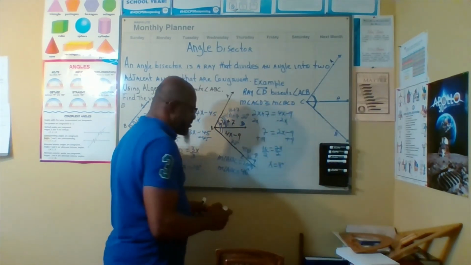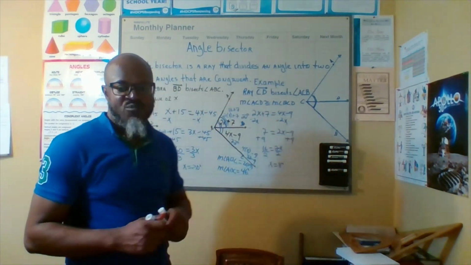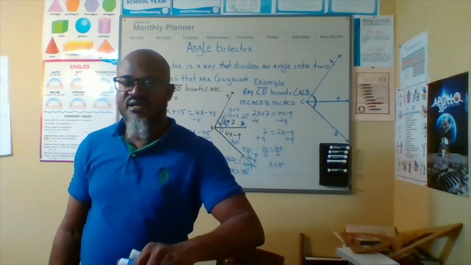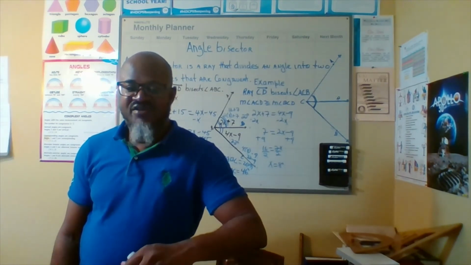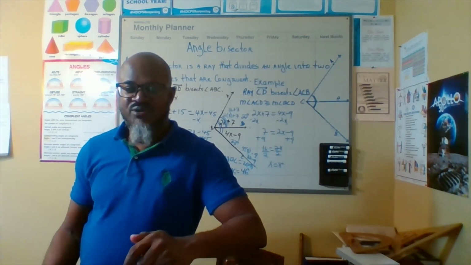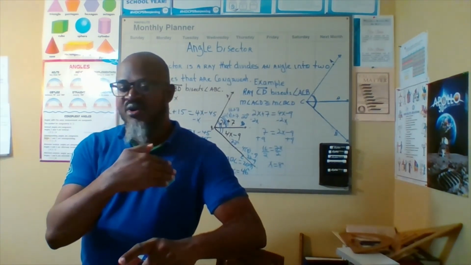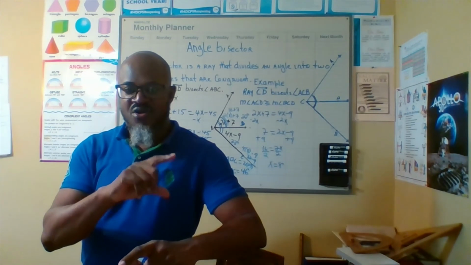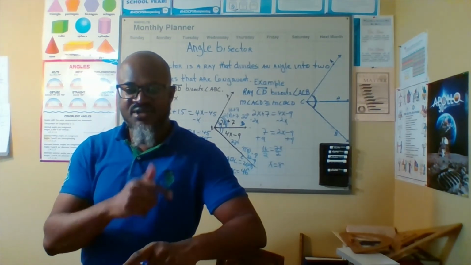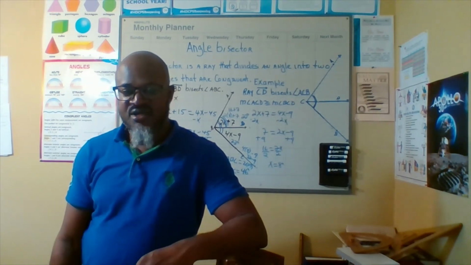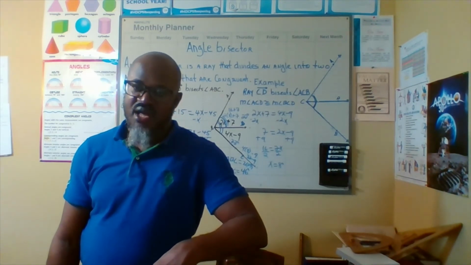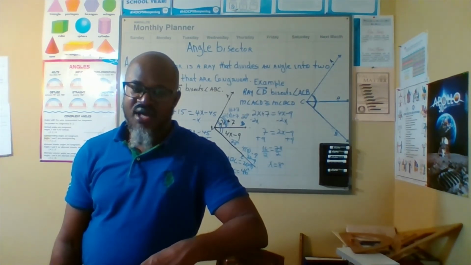So that is your lesson on angle bisector. Let's recap. When you have an angle bisector, you have a ray that passes through the angle and splits it into two congruent parts. So that's what a bisector is. Do not confuse angle bisector and angle addition postulate.